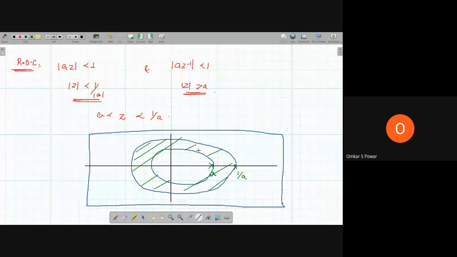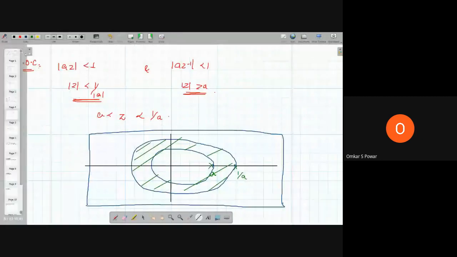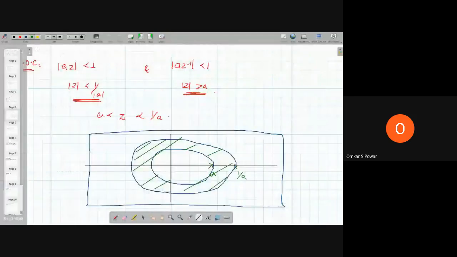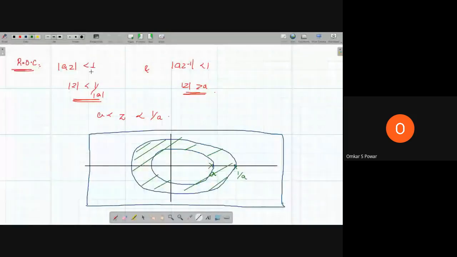So once again, we will see how we approached this problem. Given the problem, x of n is equal to a to the power of mod n, write the expression for the z transform, then substitute the formula, get the poles by equating the denominator to 0, then get the ROC with the condition with the help of that formula, and then plot the ROC.